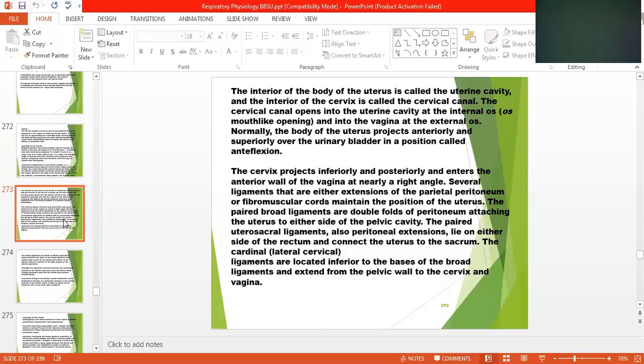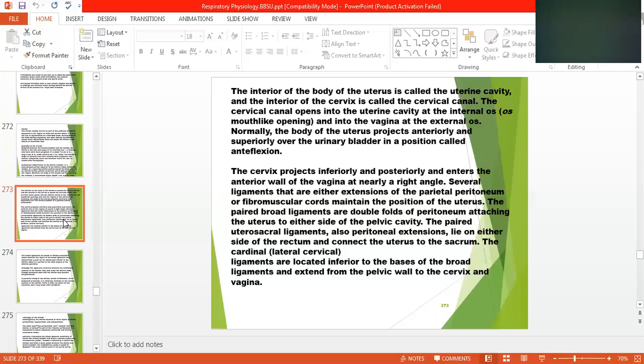Several ligaments that are either extensions of the parietal peritoneum or fibromuscular cords maintain the position of the uterus, meaning they hold the uterus, because the uterus is heavy. It is made of very strong muscle. It has a mucosal layer, muscularis layer, and serosa.